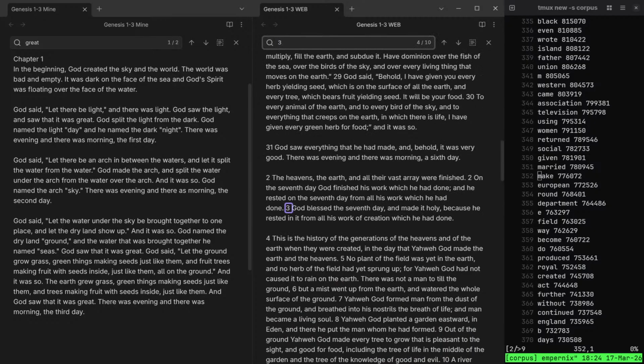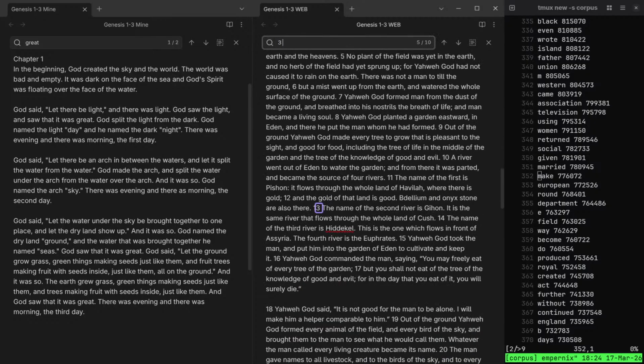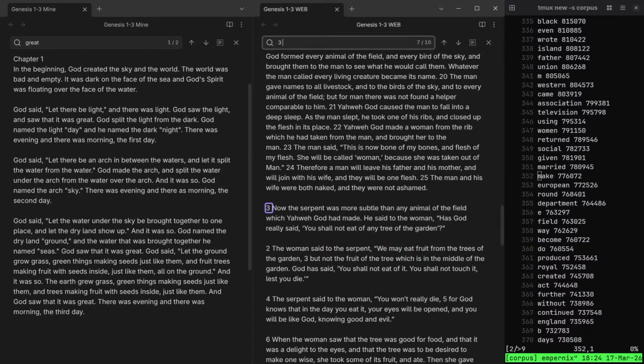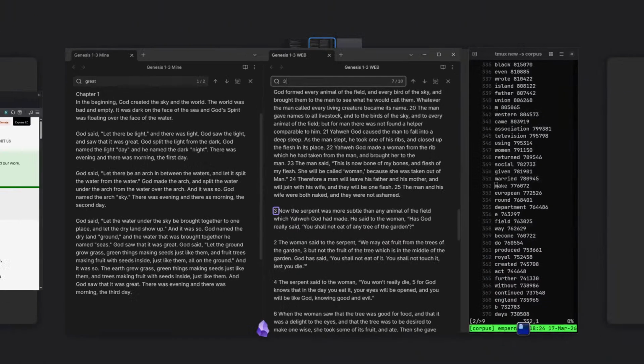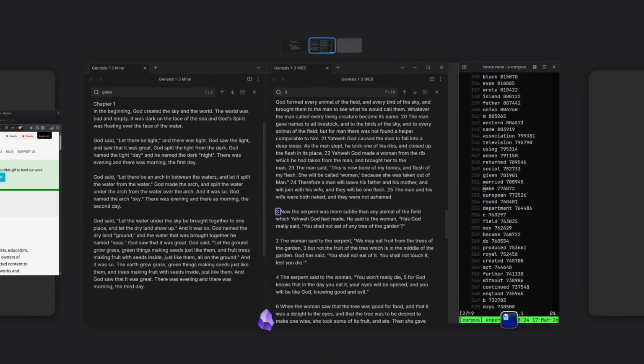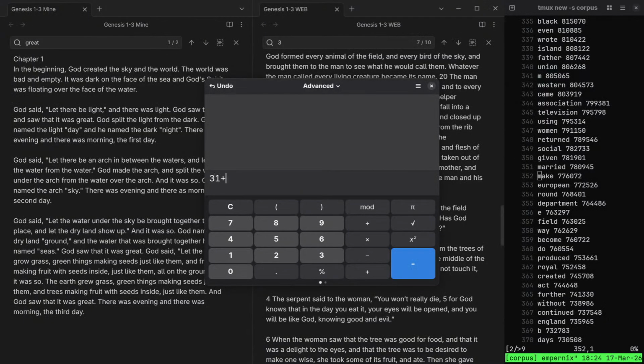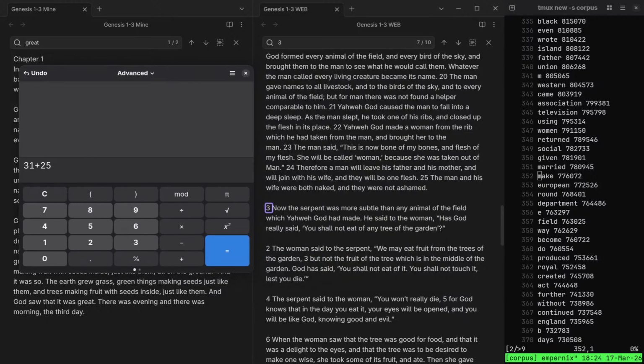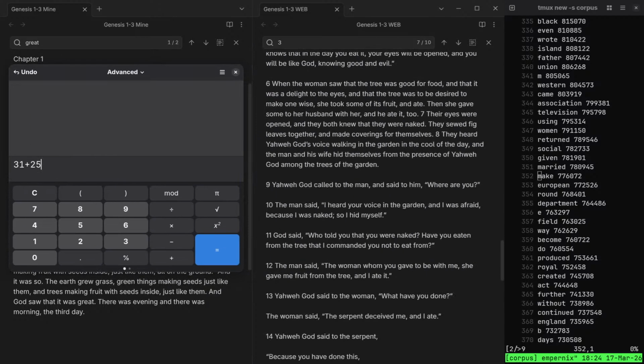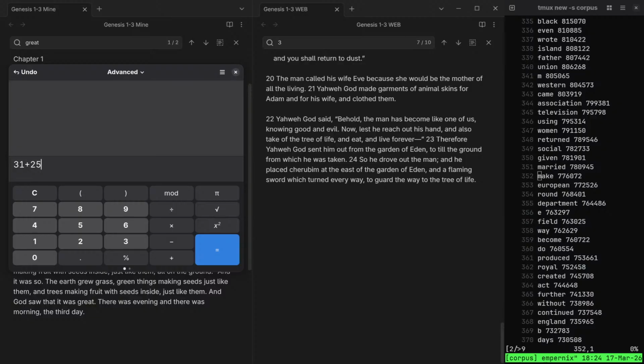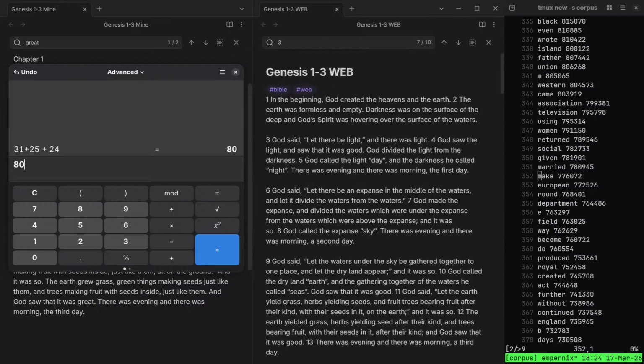We know what to look for now. And then we have 25, so let's do simple math. 31 plus 25 plus 24. 80. Okay, and I'm doing 13 per hour, so divide by 13. That takes 6 hours to do 3 chapters of the Bible.